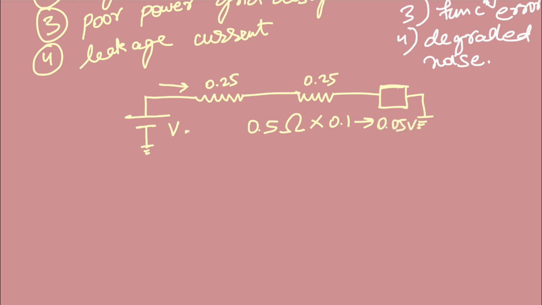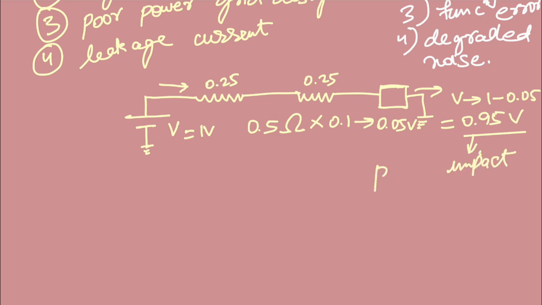Now let's say at the source it was 1 volt. The voltage that reaches the cell is not 1 volt, it will be 1 minus 0.05, that is 0.95 volt. So because of the static IR drop, the voltage is now not optimal, it has reduced. This suboptimal voltage will cause a performance impact.